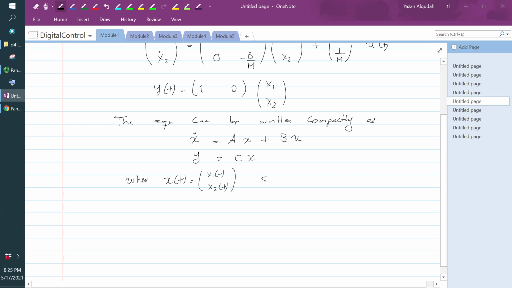This is the state vector. So each one of these is a state. x1 is a state, x2 is a state. And then x dot is equal to x1 dot of t, x2 dot of t. This is the derivative of the state vector.